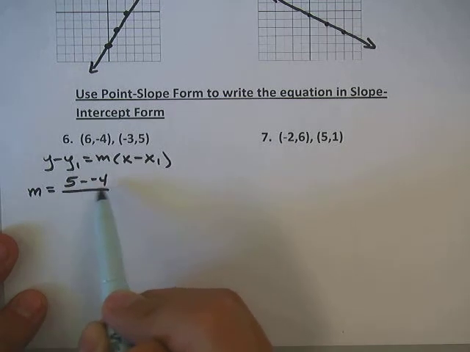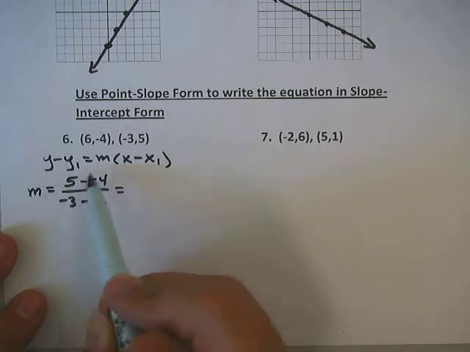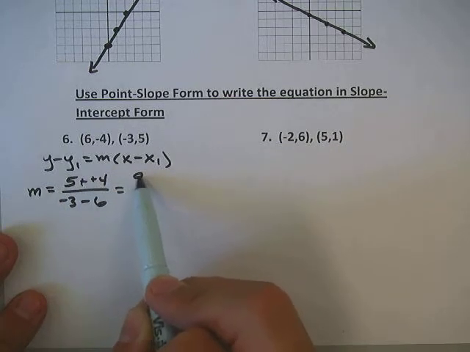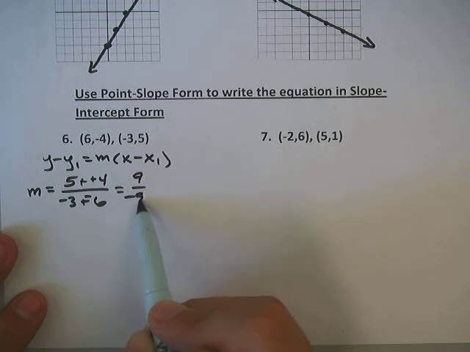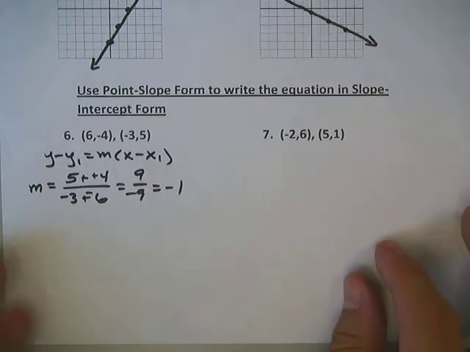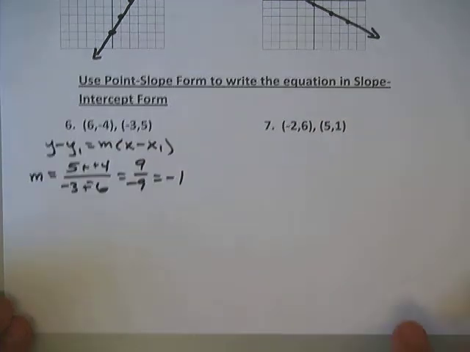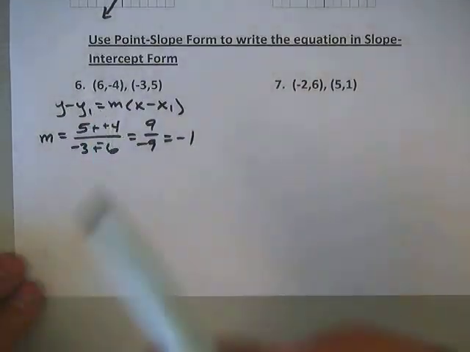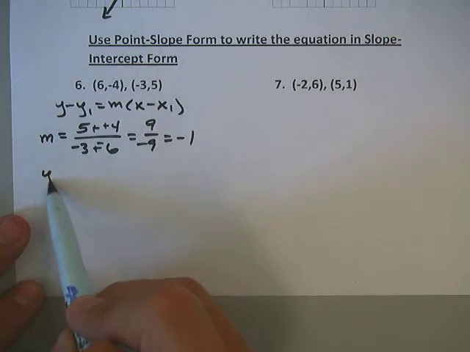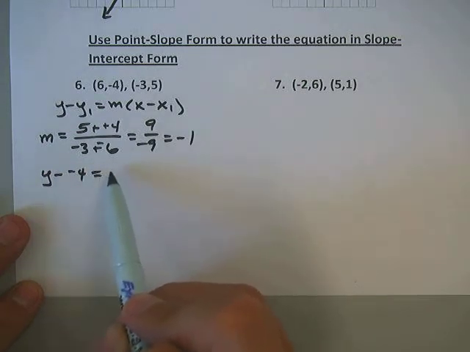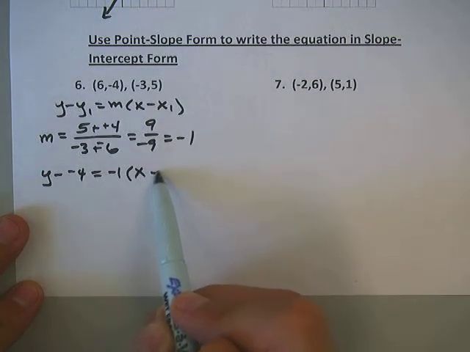If you remember, our slope formula says m equals y1 minus y2 over x1 minus x2. So if I simplify this, this becomes 9, this becomes negative 9, so my slope's negative 1. So I'm going to use one of these points in this slope, and I should come up with my equation. So I'm just going to use the first one just for argument's sake.